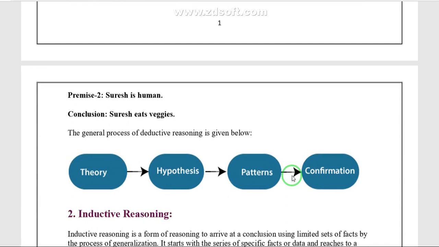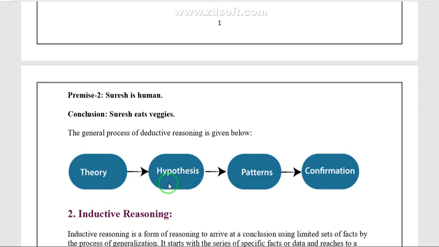The process of deductive reasoning is as follows. There are four steps of processing: theory, hypothesis, patterns and confirmation. Whatever content we take can be considered the theory. The next step is hypothesis, which is an assumption taken to be true for the purpose of an argument or investigation. If we are checking whether a statement is right or wrong for further investigation, that is the hypothesis stage.